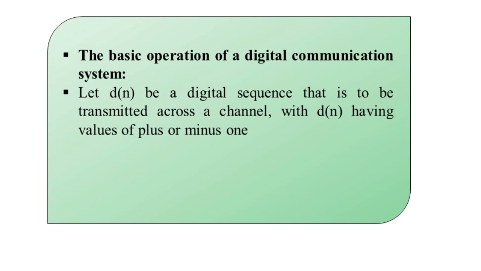This pulse generator will produce a pulse of amplitude level denoted by capital A at time n if d(n) is equal to plus 1, and a pulse of the amplitude on the reverse side, minus capital A, if d(n) is equal to minus 1.